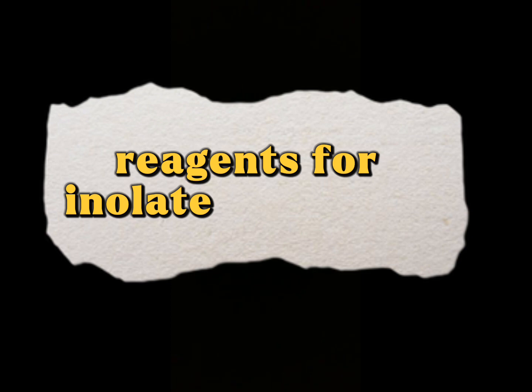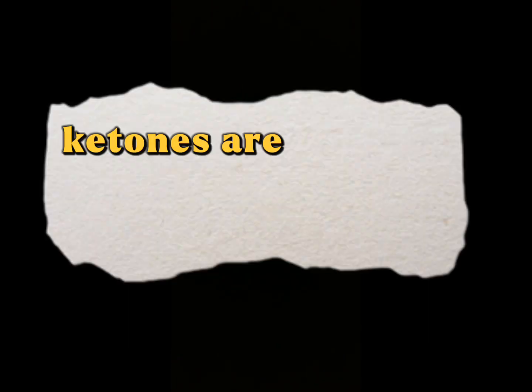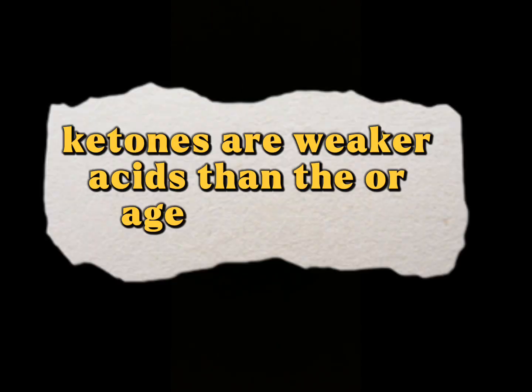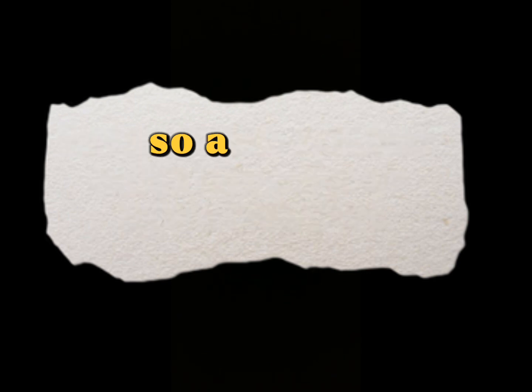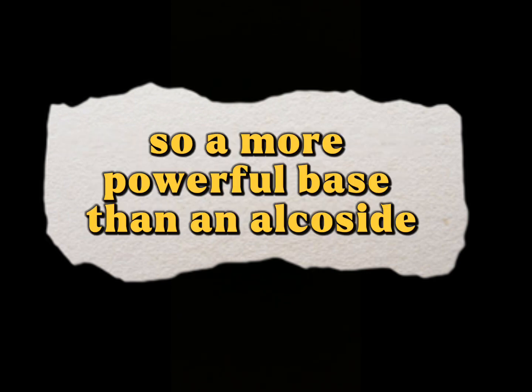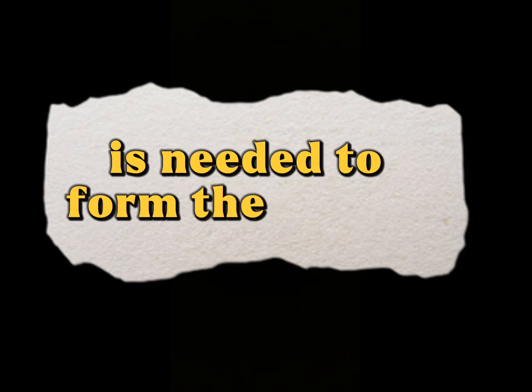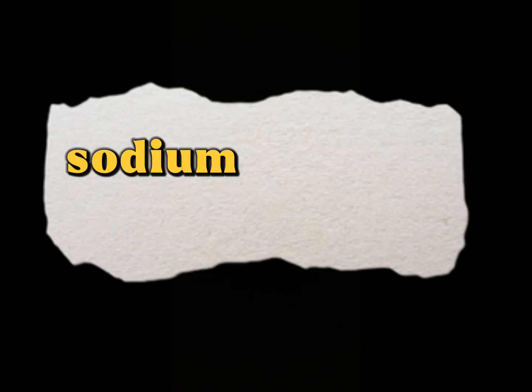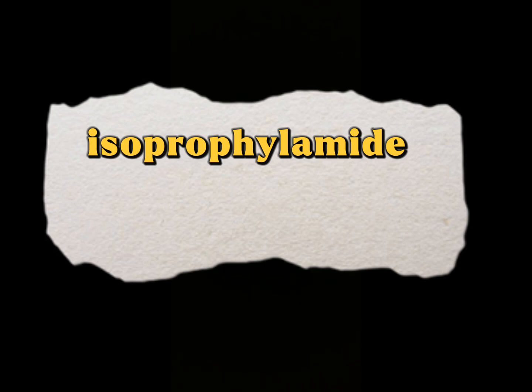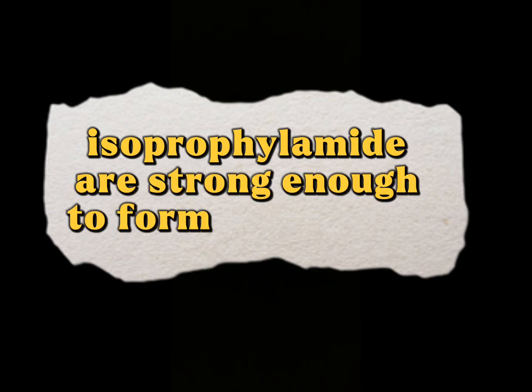Reagents for enolate formation. Ketones are weaker acids than the OH of alcohols, so a more powerful base than an alkoxide is needed to form the enolate. Sodium hydride or lithium diisopropylamide are strong enough to form the enolate.